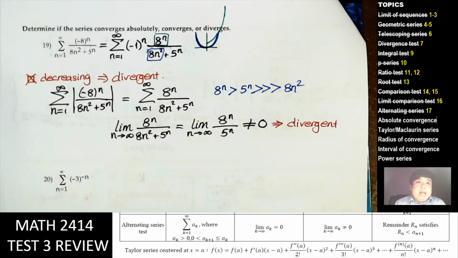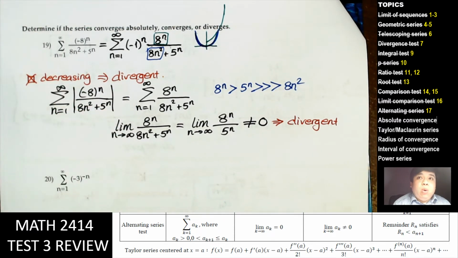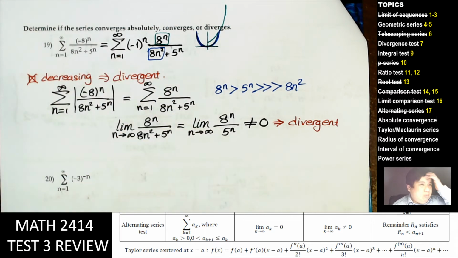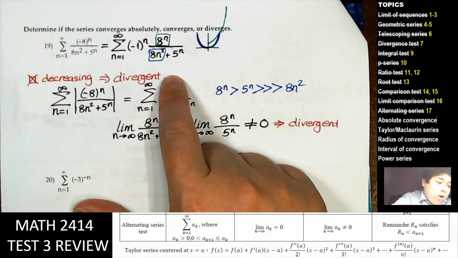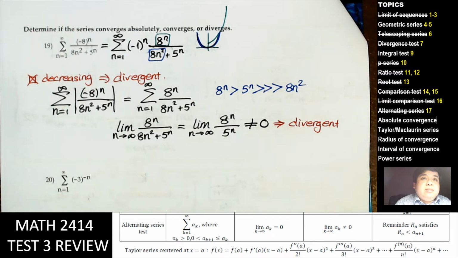So with absolute values that will be divergent. The alternating series is also divergent. By the way, absolute divergence is not a thing, so actually this doesn't help as much. What we can say is it is divergent.